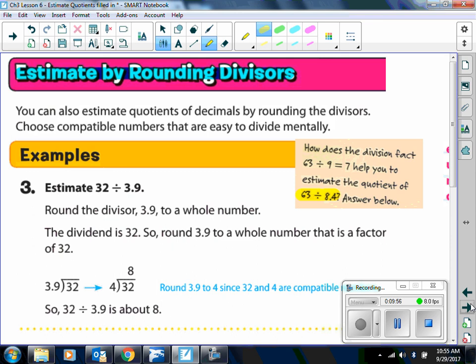Does that make sense? Here is where it gets a little subjective. For example 3, we are going to estimate 32 divided by 3.9. We can round that divisor to 4, and 32 divided by 4 is equal to 8.